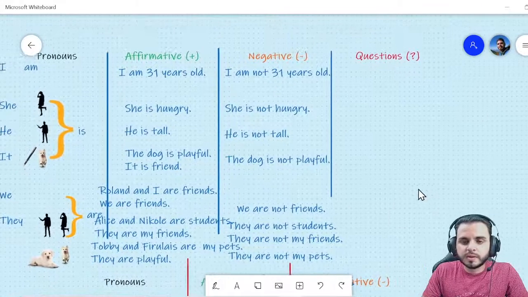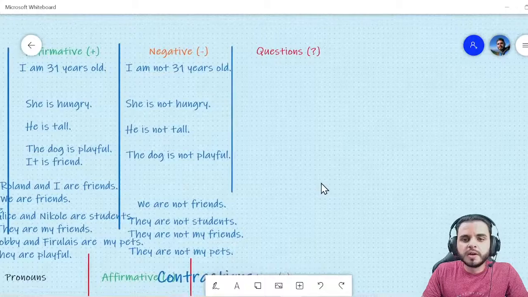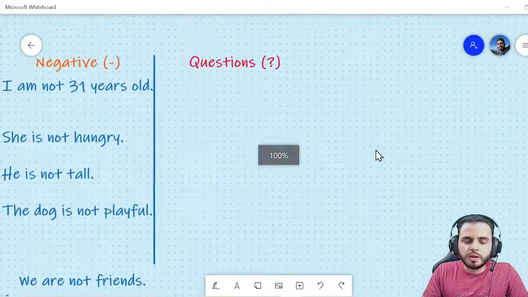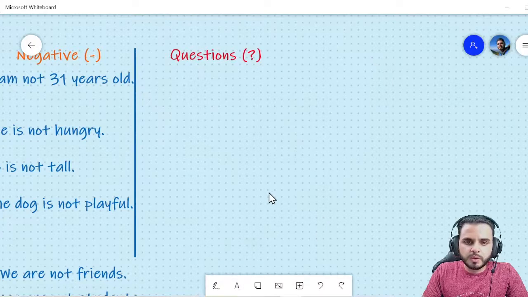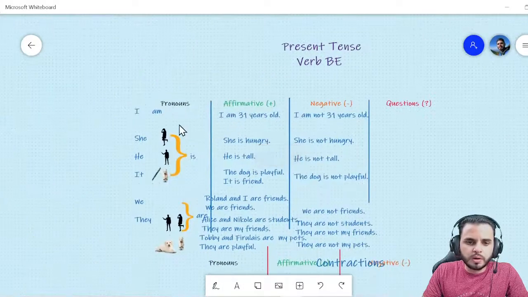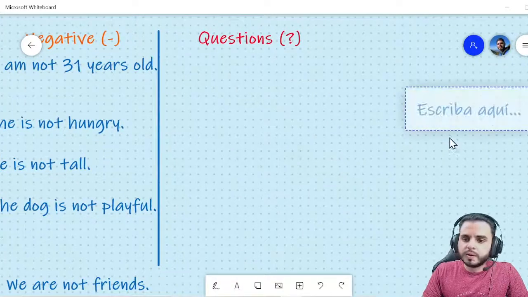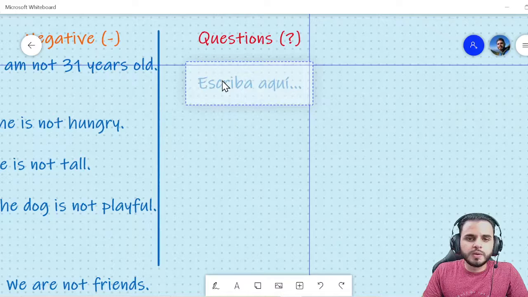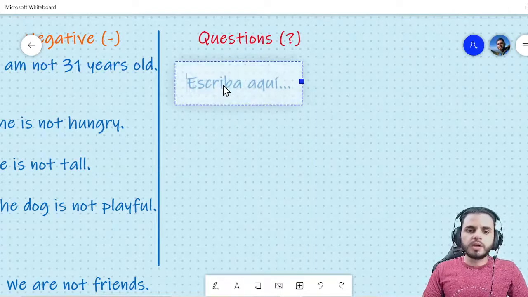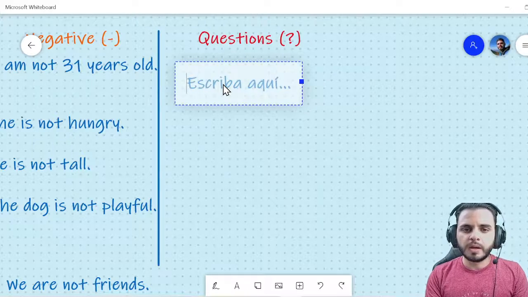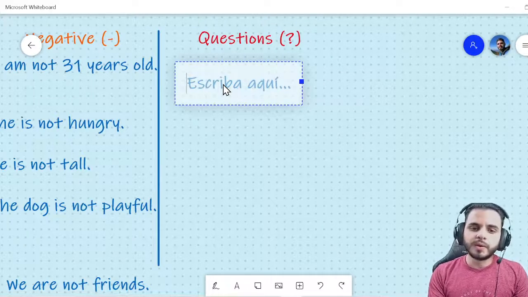Okay, so this is how we create negative statements or negative sentences. Now, what about questions? So we're going to zoom in here. I'm going to write the pronouns here again. So if I am using the verb be in a question, this is the way we start.